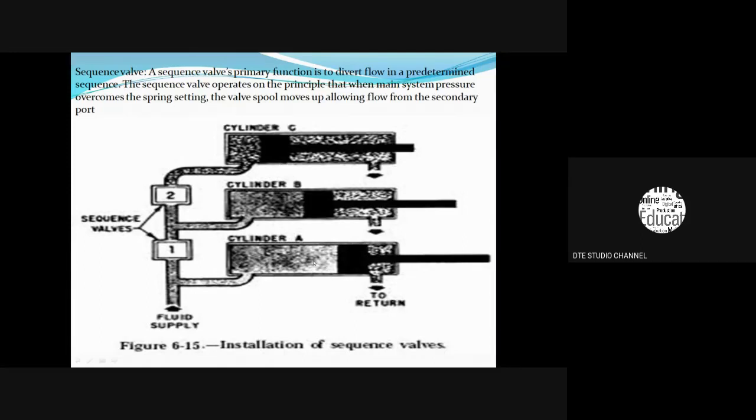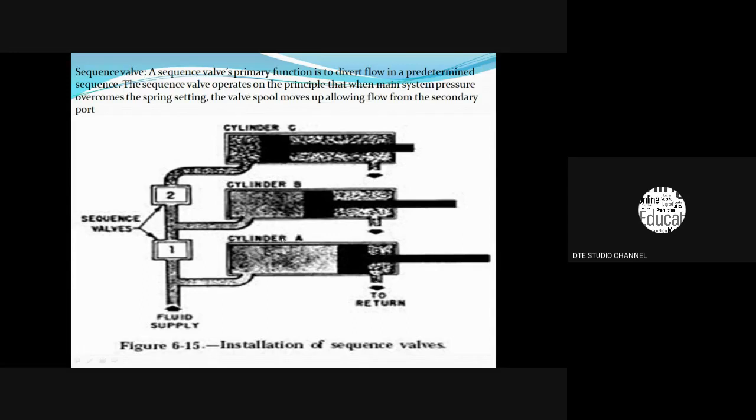Since in cylinder A the piston is moving, that means the load is moving, until it reaches the other end of the cylinder, there is no entry of fluid to cylinder B, and this is done by a sequence valve.